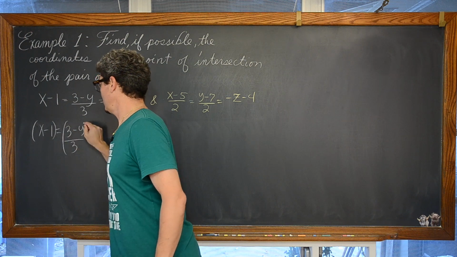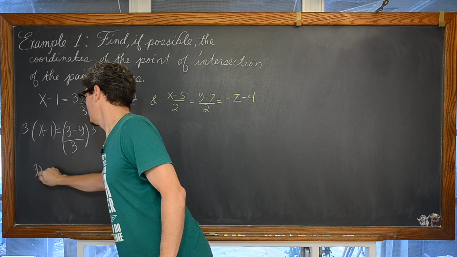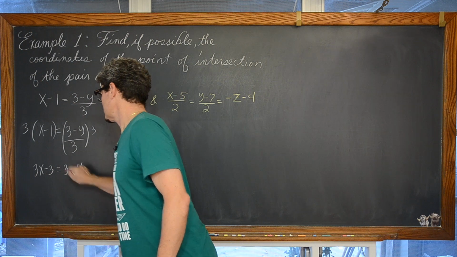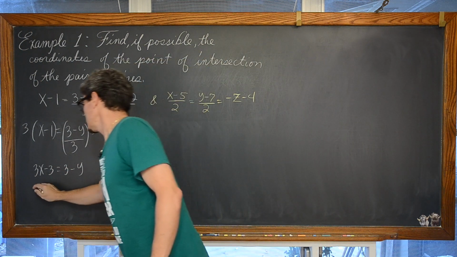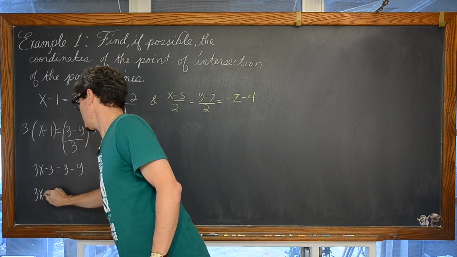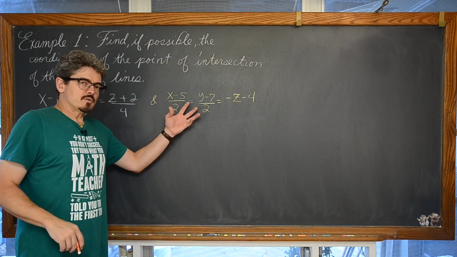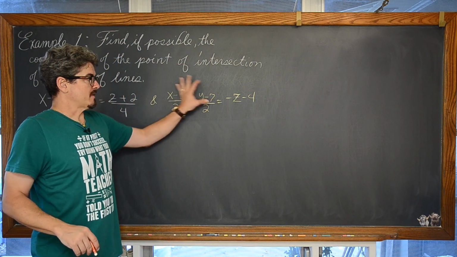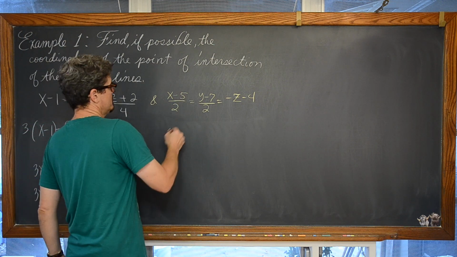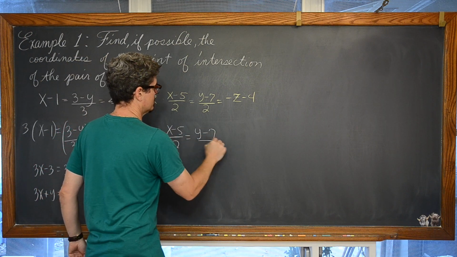Multiplying both sides by 3, we get that 3x minus 3 is equal to 3 minus y, and that's going to give me, adding y and adding 3 to both sides, 3x plus y is equal to 6. If I do that same process and write an equation in terms of x and y with these first two parts of my Cartesian form of this line, we get x minus 5 over 2 is equal to y minus 7 over 2.